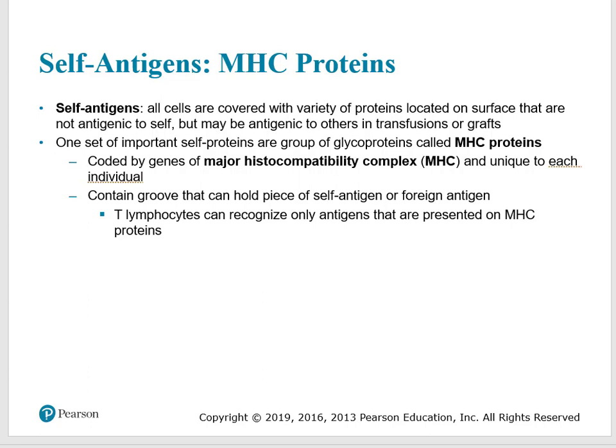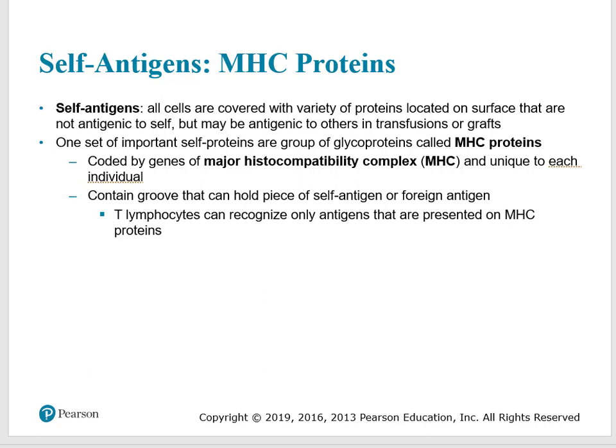histocompatibility complex. Now, this MHC is very unique for each individual of us. The closer these MHC complexes match from one person to another person, the better the chance of transplanting an organ between these two people. The further apart the MHC complex is, the more issues you're going to create with the immune system when you do a transplant in them.